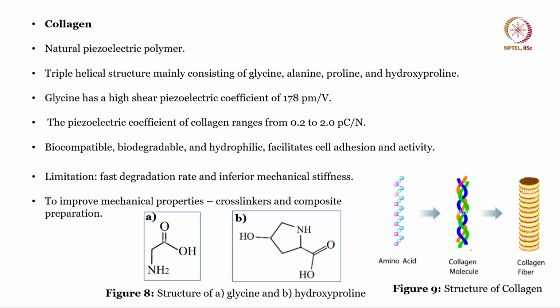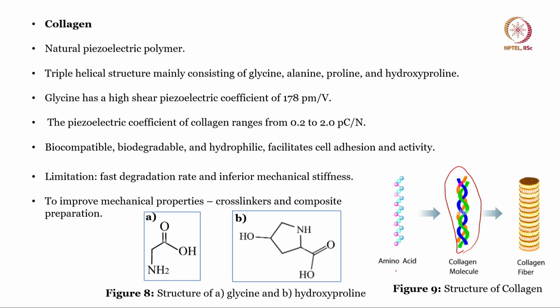That means it consists of 3 polymeric chains twisted around each other to form the structure. Each chain of this polymer consists of a number of amino acids linked through peptide bonds to form the polymeric chain.